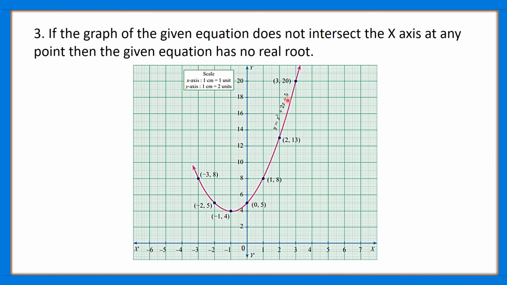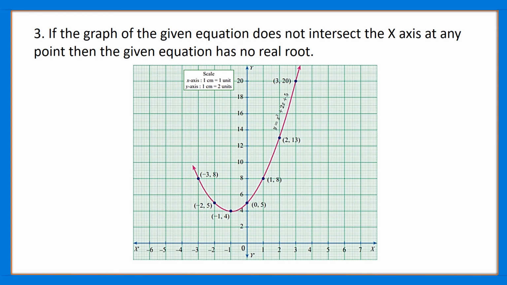When we plot the graph for this quadratic equation, our graph will look like this. And when we look for the intersection point of this curve with the x-axis, we find that there is no intersection point of the x-axis with the parabola. And therefore, there doesn't exist a real root for the quadratic equation y is equal to x square plus 2x plus 5. So, if the curve does not intersect the x-axis, then the given quadratic equation has no real roots.